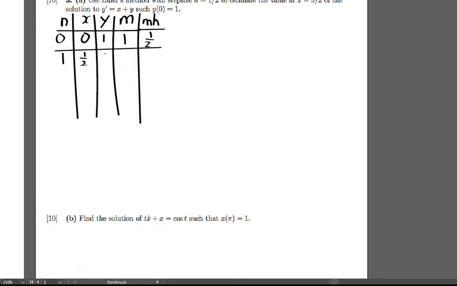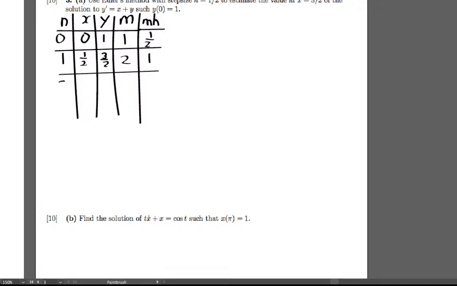So when x is half, you just take 1 plus the half from the mh, which is basically the change of y. So this would be 3 over 2. And then the m here would be half plus 3/2. That would be 2. Therefore, the solution here would be 1.